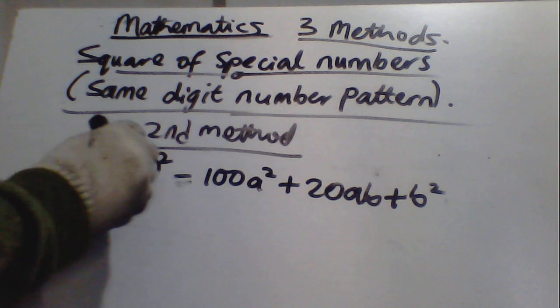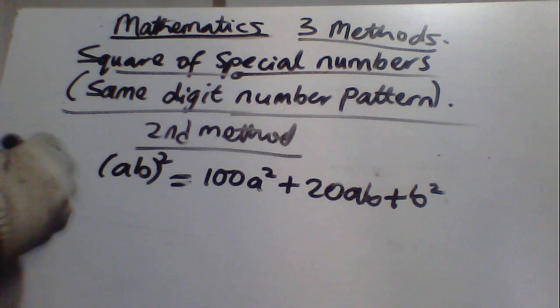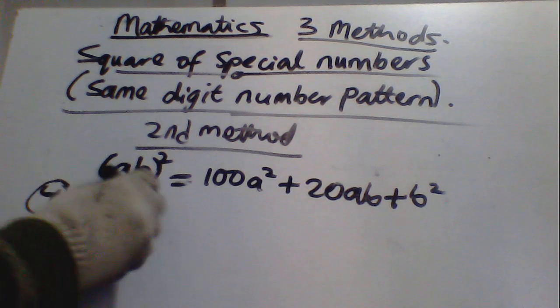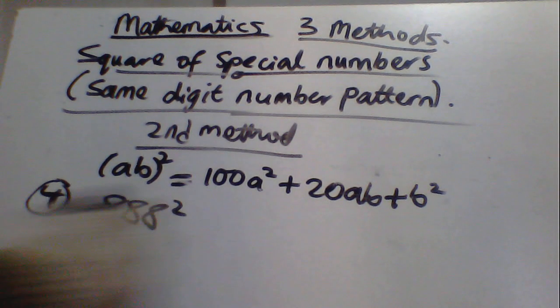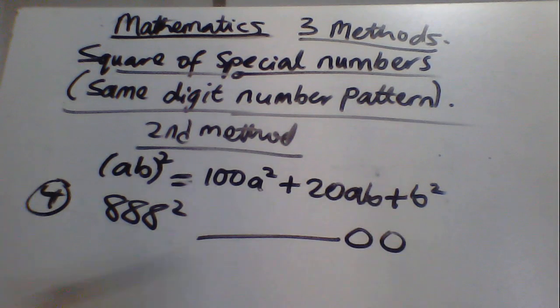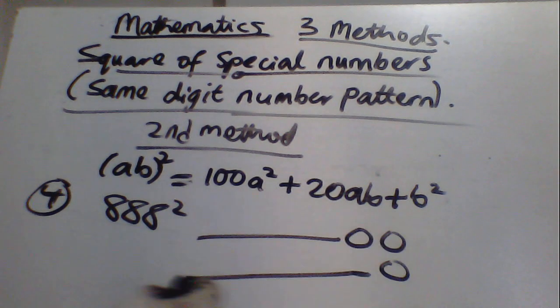Alright, so here is the fourth example, find 888 squared. Like I said, draw the line, put 2 zeros. Draw another line, put 1 0, and draw the last one without 0.